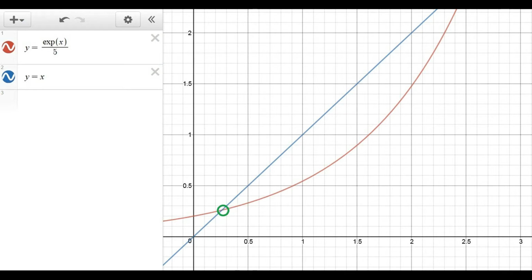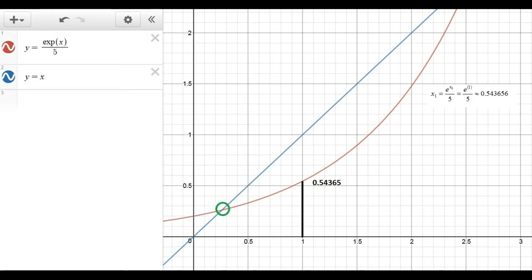So remember, 1 is the value of x0. So let's have a look at the next screenshot.